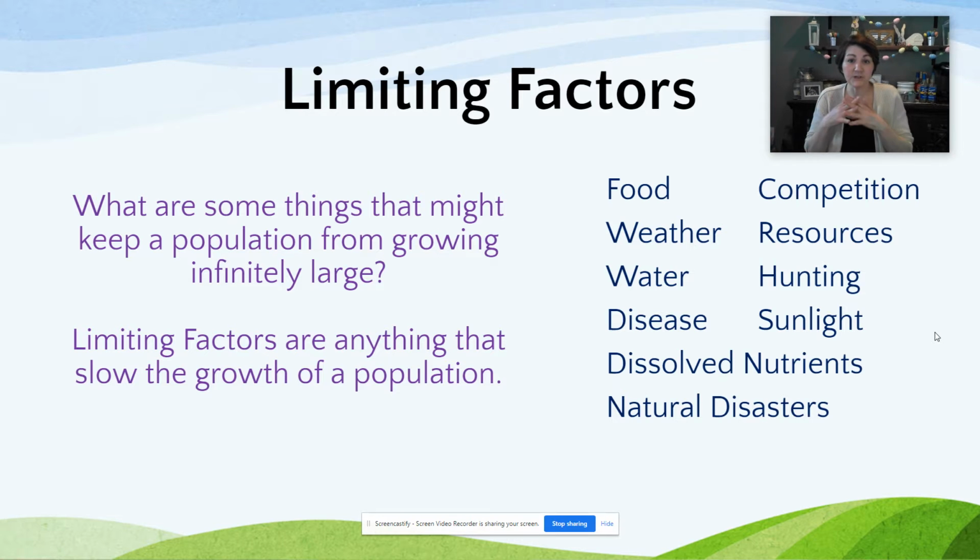Things like competition between species, just resources in general, how much food I have, how much space I have, how much water or sunlight, how many dissolved nutrients, even things like natural disasters and human impacts like pollution and hunting can slow the growth of a population and keep it from growing out of control.